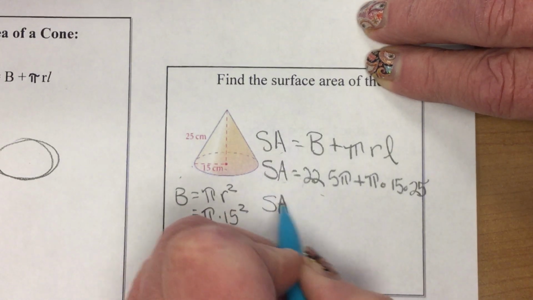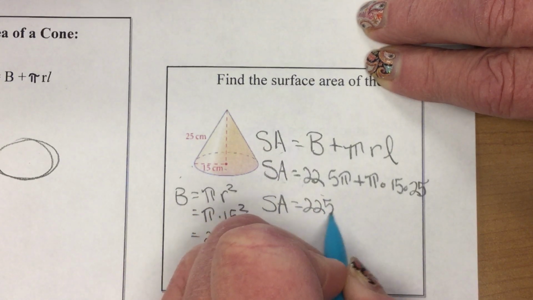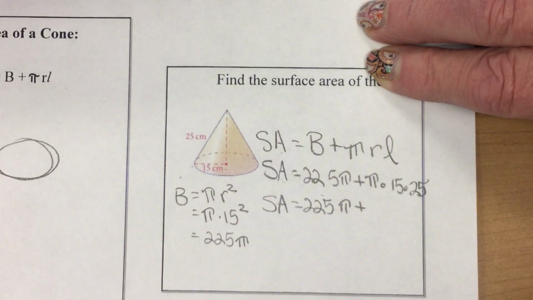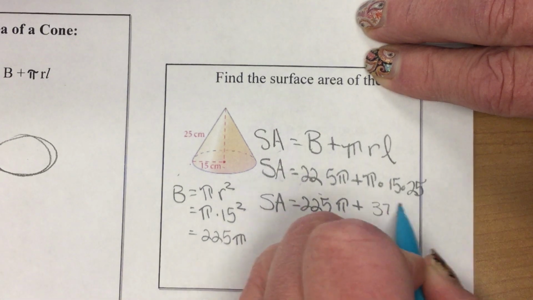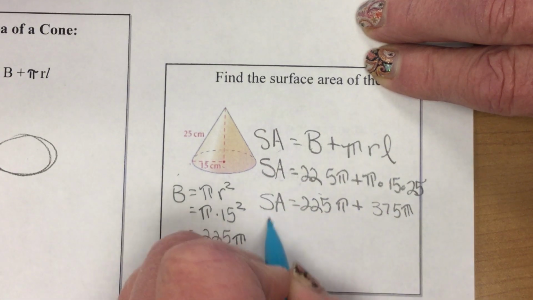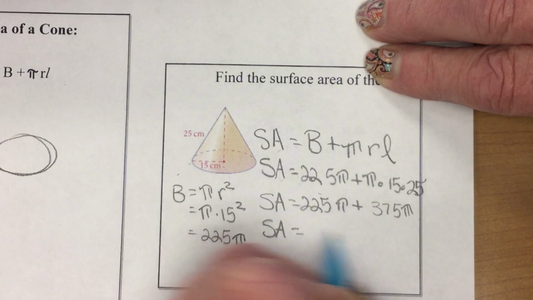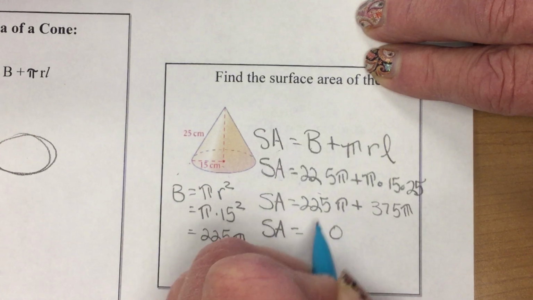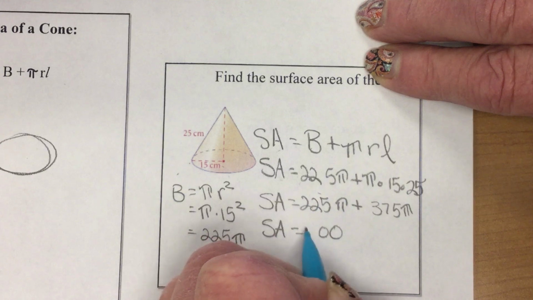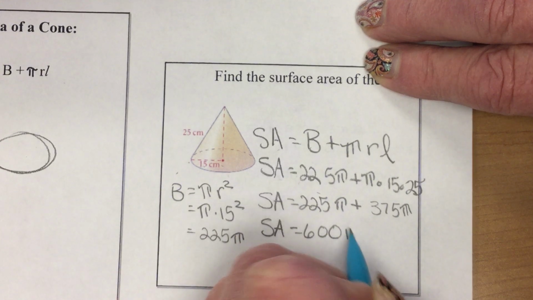So I get 225 pi plus 15 times 25, 375 pi. Add those together, 600 pi.